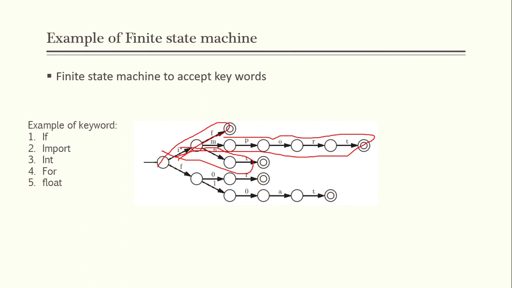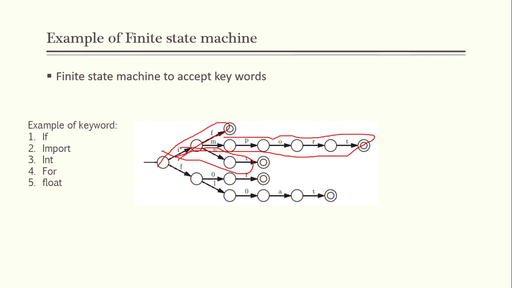So this machine is used to check for keywords. If it can end with the specified input correctly, then it is not a compile error. That is how they use a finite state machine to check whether your programming language contains a syntax error or not.